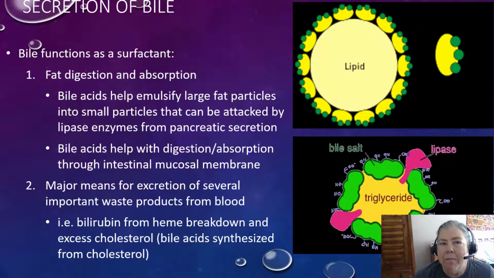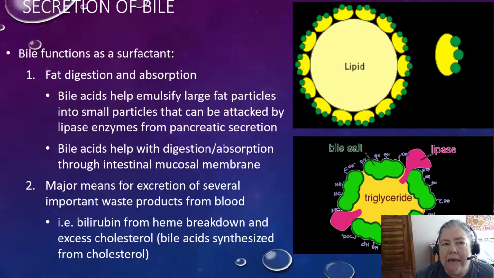The bile acids in bile help to emulsify big globs of fat into tiny globs of fat, increasing the surface area so that lipase from pancreatic secretion can attack the outer surface and digest those lipids into their components, fatty acids and glycerol.